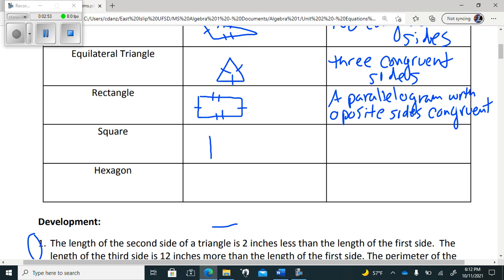A square actually is a rectangle. It's just a special rectangle. Instead of just opposite sides congruent, all four sides are congruent. Also, a rectangle and a square have right angles.